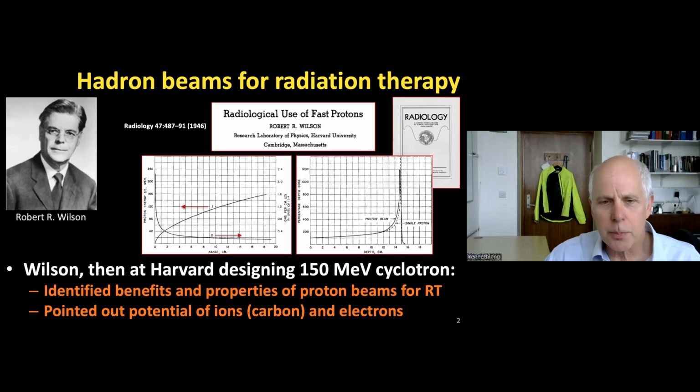He came out of working on the Manhattan Project and wanted to find a way of using radiation to the benefit of mankind as opposed to just blowing them up. So when he was working at Harvard, designing the 150 MeV cyclotron, he actually laid the foundations for the field.